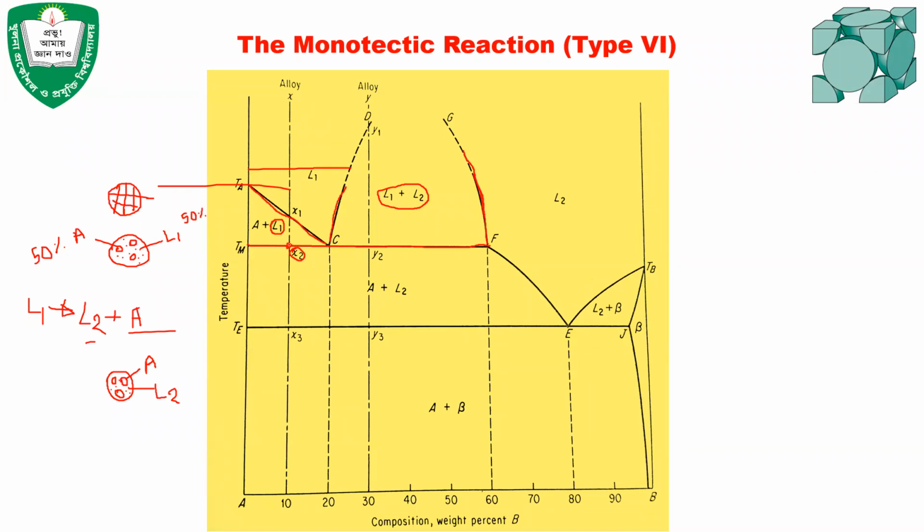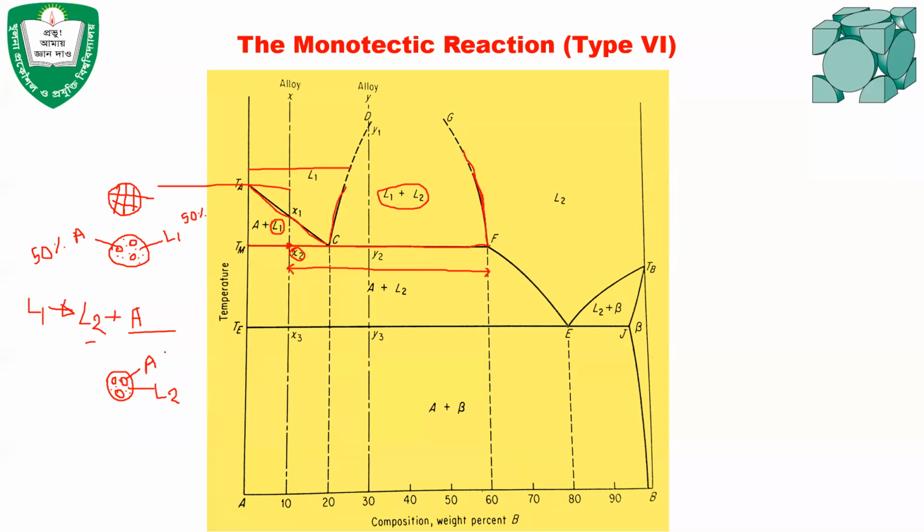But after the monotectic reaction, if we calculate the relative amount of each phase, the percentage of solid A can be calculated from this length, and the percentage of liquid will be calculated from the other. This line has like 60% B, that means 60 minus 10.